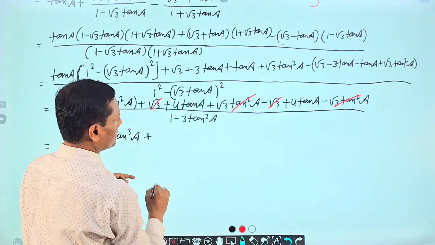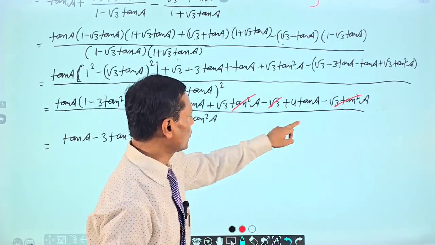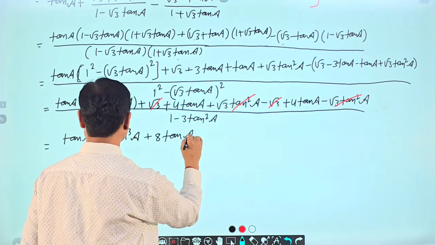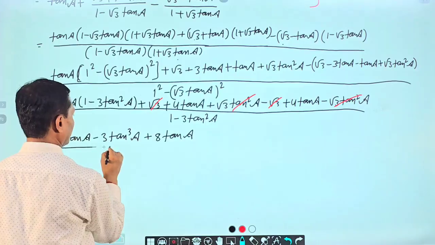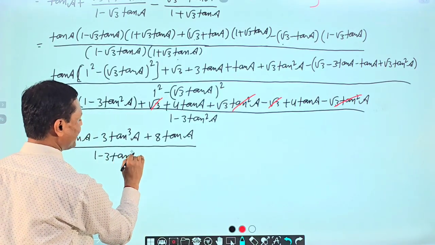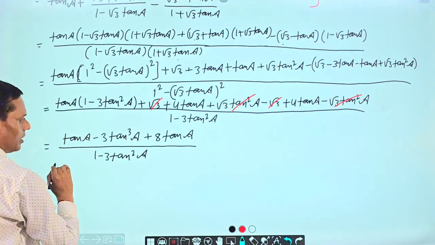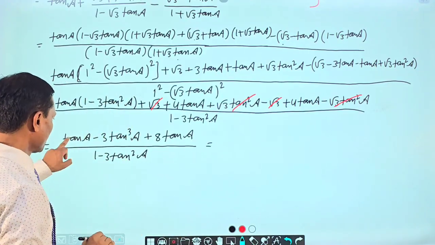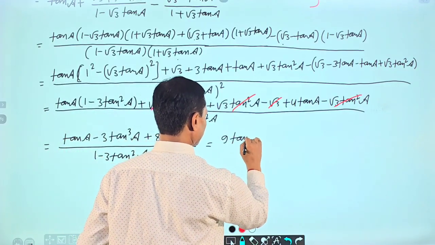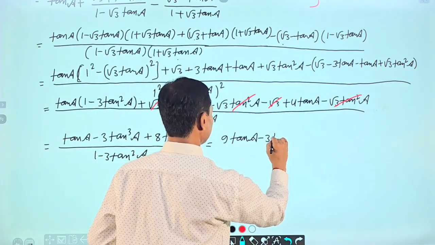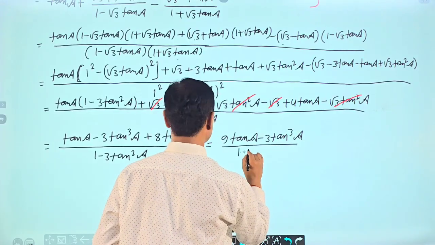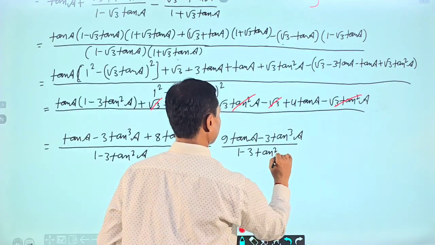Here plus 4 tan A plus 4 tan A, we can write 8 tan A. Okay, and at the denominator we have 1 minus 3 tan square A. Okay, next step, just look here, tan A plus 8 tan A means 9 tan A, and here is a minus 3 tan cube A. At the denominator we have 1 minus 3 tan square A.